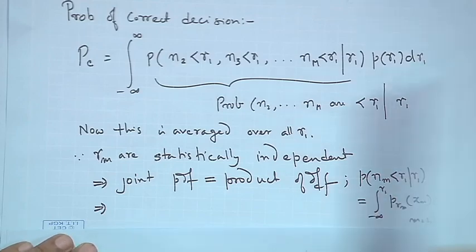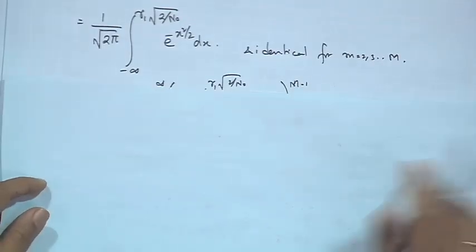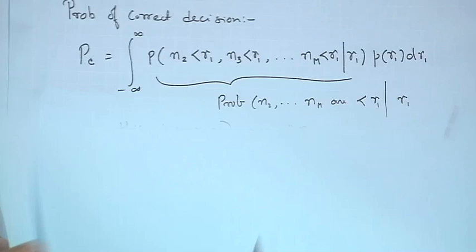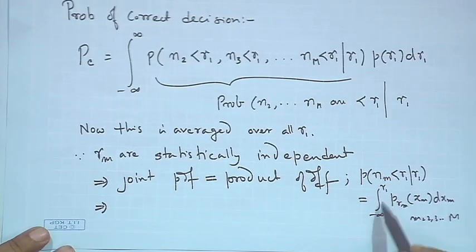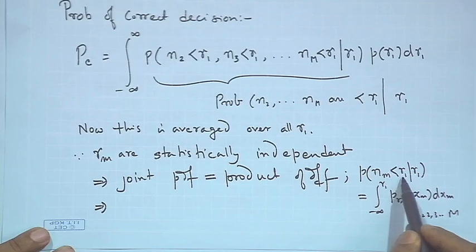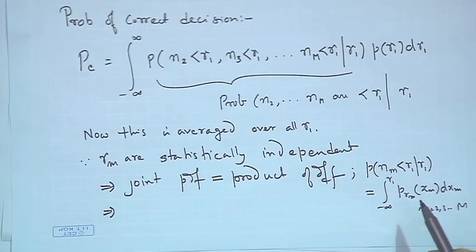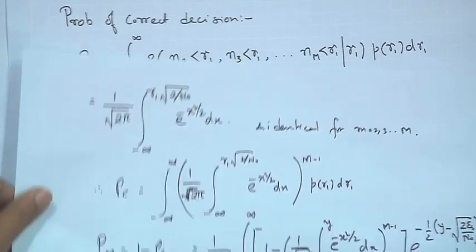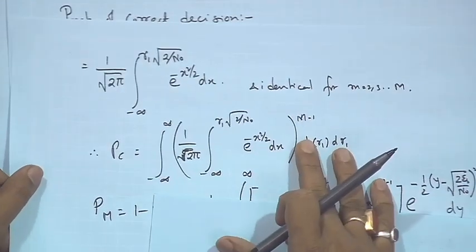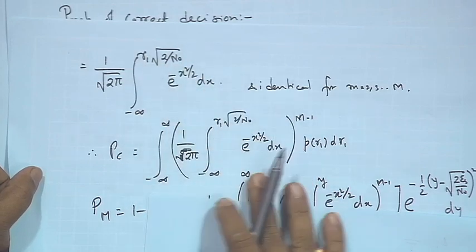So, it is minus infinity to R1, because you want this variable to be less than R1. So, this should range from minus infinity to R1, P of x m conditioned on R1, right. So, that is what you have over here, and that turns out to be minus infinity to this range with a change of variables.